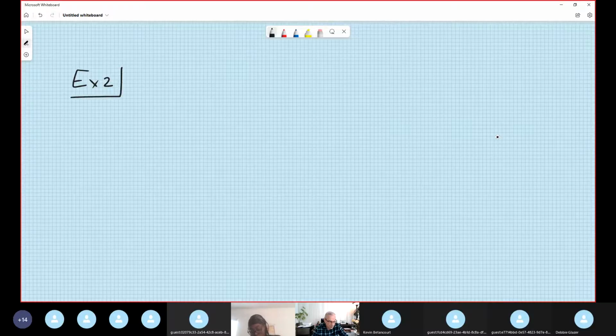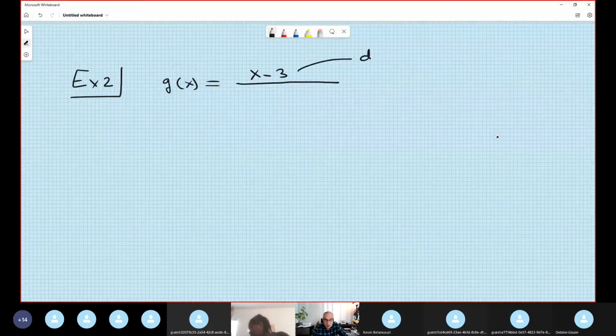In example 2, we have the function, the name is g, and in g we have a binomial in the top. By the way, degree 1, because it's linear. Remember, the degree is the highest exponent in the polynomial. This is not important now, but it's important after.